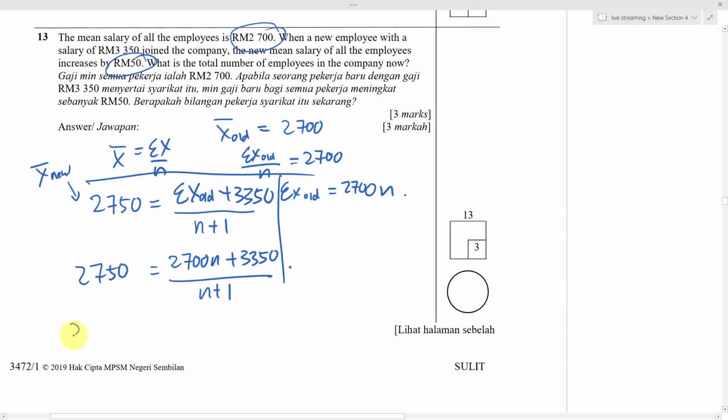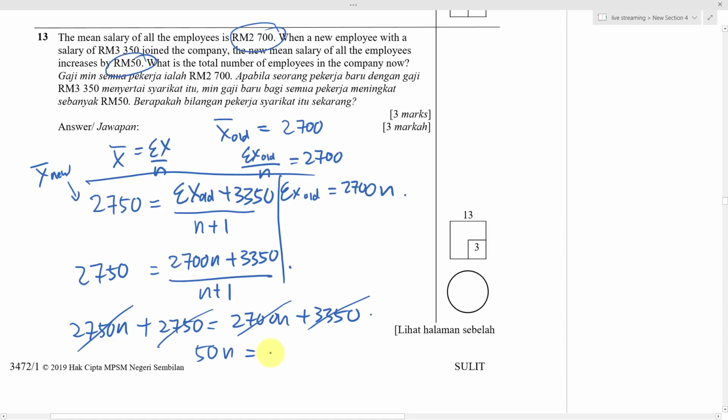Then I cross multiply: 2750n plus 2750 equals 2700n plus 3350. Solving, I get 50n equals 600, so n equals 12.